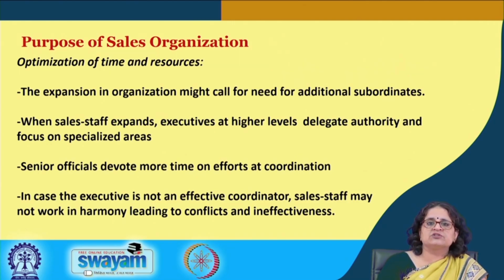In case the executive is not a good coordinator, sales staff may not be able to work in harmony, and this would lead to conflict, chaos and inefficiencies in the system. So it's very important that the sales organization puts in place a mechanism for coordination and control, so that there can be optimization of time and resources.